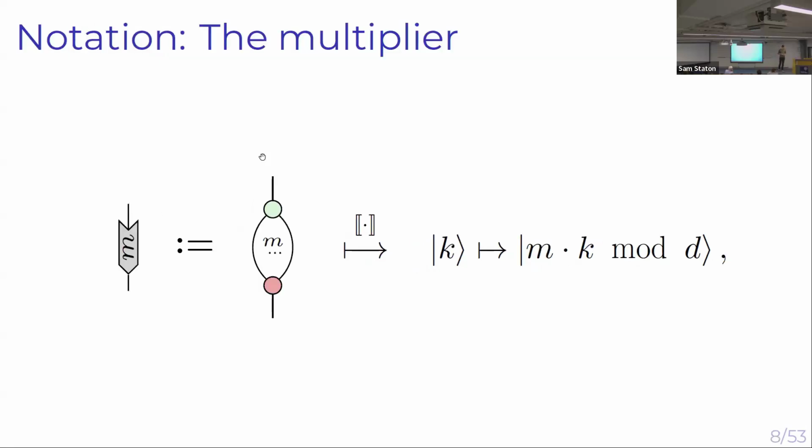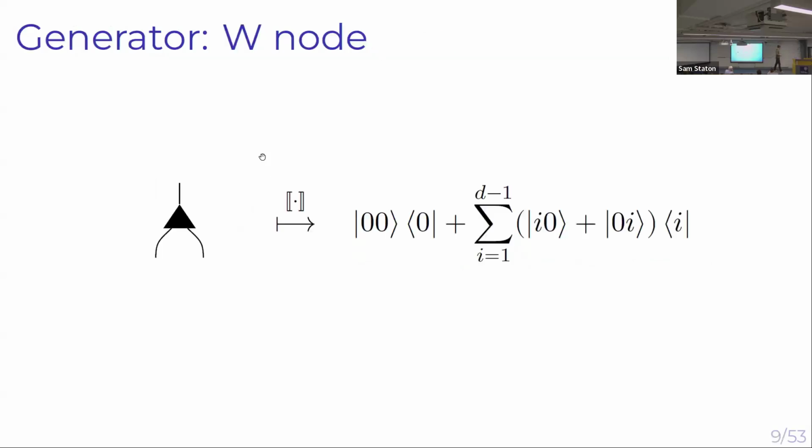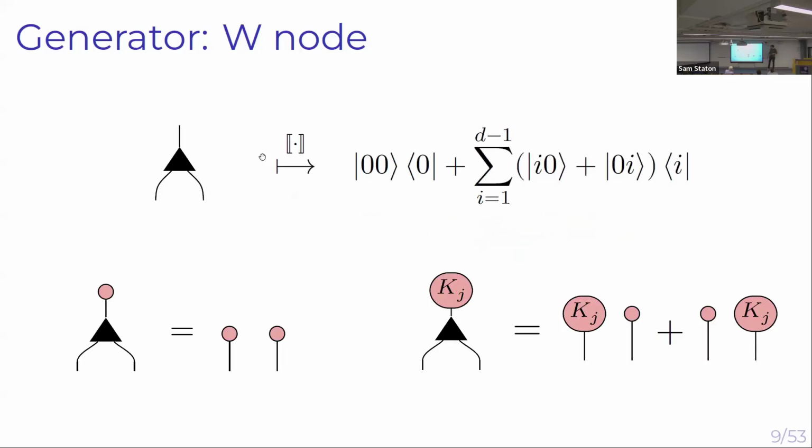We also have the multiplier. The multiplier multiplies computational basis states with the weight of the multiplier, so m in this case. And then we have the W node. It's again a generalization of the qubit one. So here ket 0 goes to ket 0, 0, and ket j would go into the superposition of j0 and 0j.